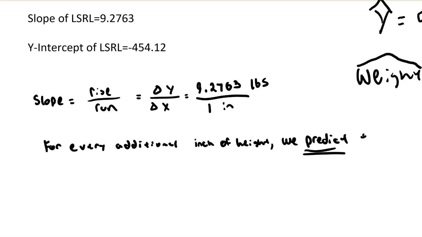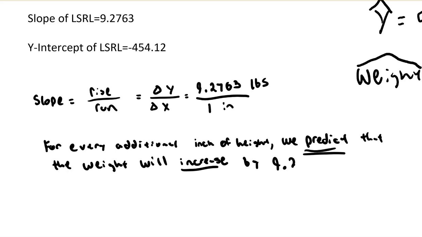We predict that the weight will increase or decrease. In this case, because our slope is positive, it's going to be increase by 9.2763 pounds. So for every additional inch of height, we predict that the weight will increase by 9.2763 pounds.